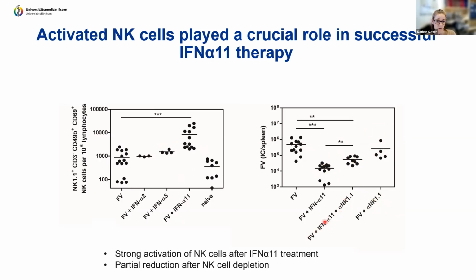But what happened when we deplete, so we take out the NK cells from mice which got the treatment here, and there you see that the strong antiviral effect is partially gone. So you see there is still a reduction compared to the untreated mice, but not as strong as with the mice which do harbor NK cells. And this means, again, like I showed you before for hepatitis C virus infection, you have these 2 different effects of the interferon.